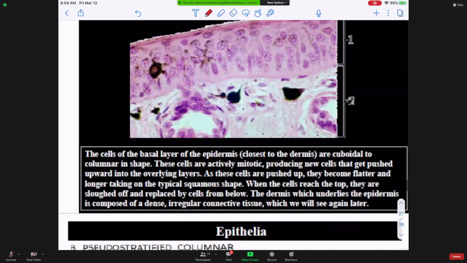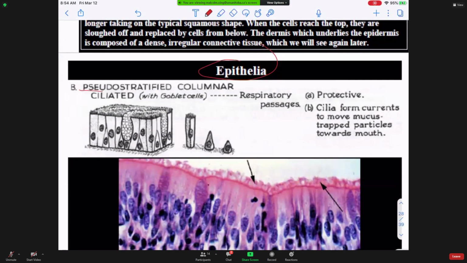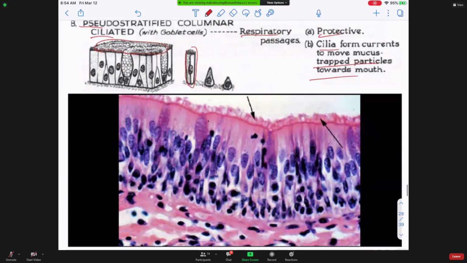And then the epithelium for the pseudostratified columnar ciliated type, that's the ciliated, hair-like structure. It's found in respiratory passageways. For protection, cilia can form a current to move materials like mucus and trapped particles toward the mouth.